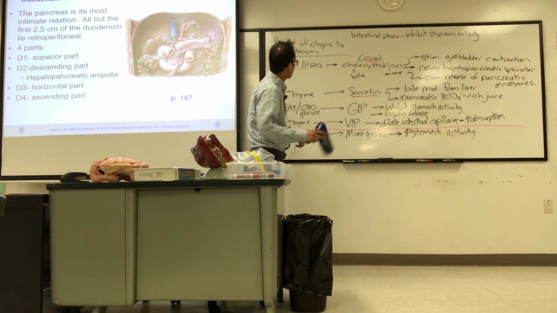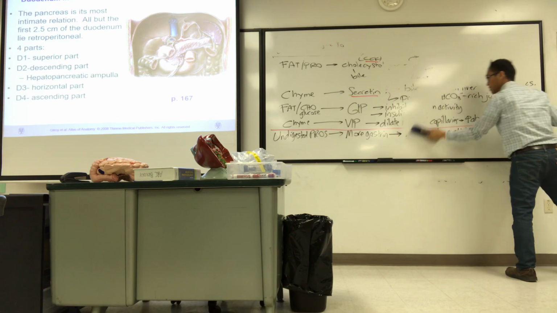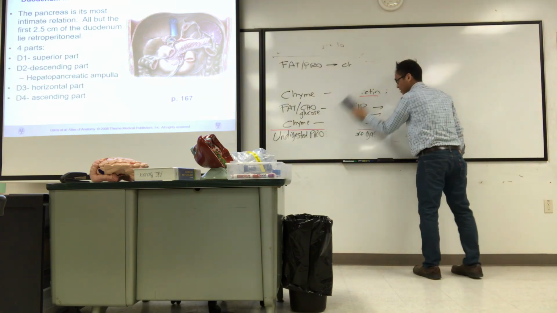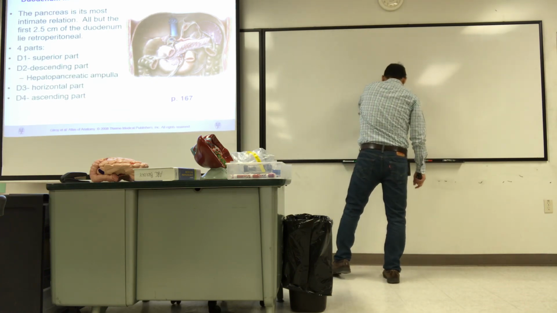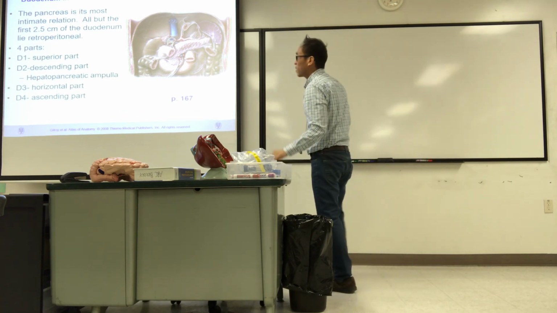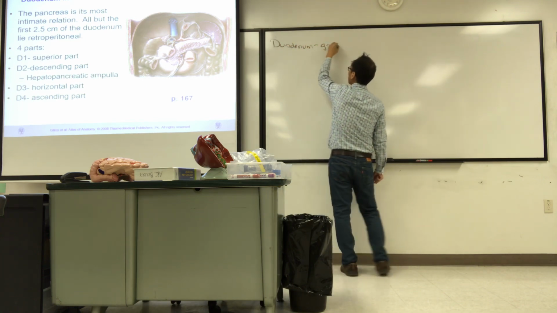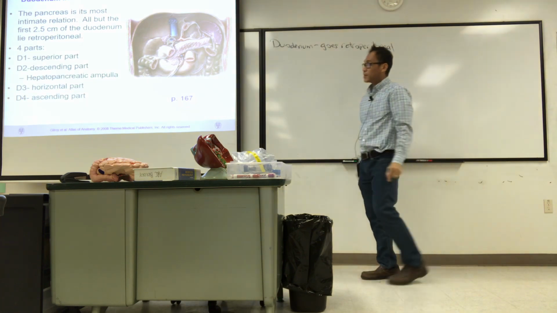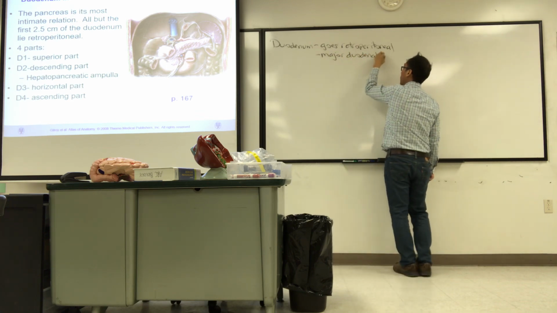So it goes retroperitoneal, and that second part, that descending part, you're going to want to look for this structure called a major duodenal papilla.